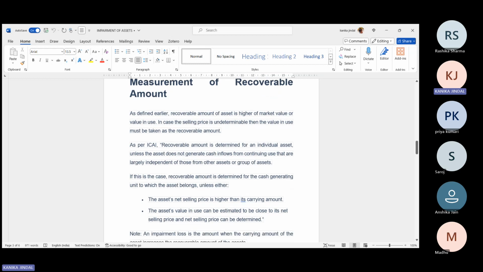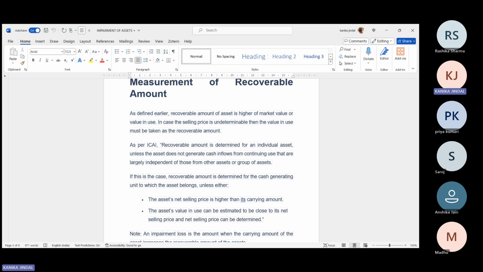So as per the Institute of Chartered Accountants of India, recoverable amount is determined for an individual asset unless the asset does not generate cash inflows from continuing use that are largely independent of those from other assets or group of assets.